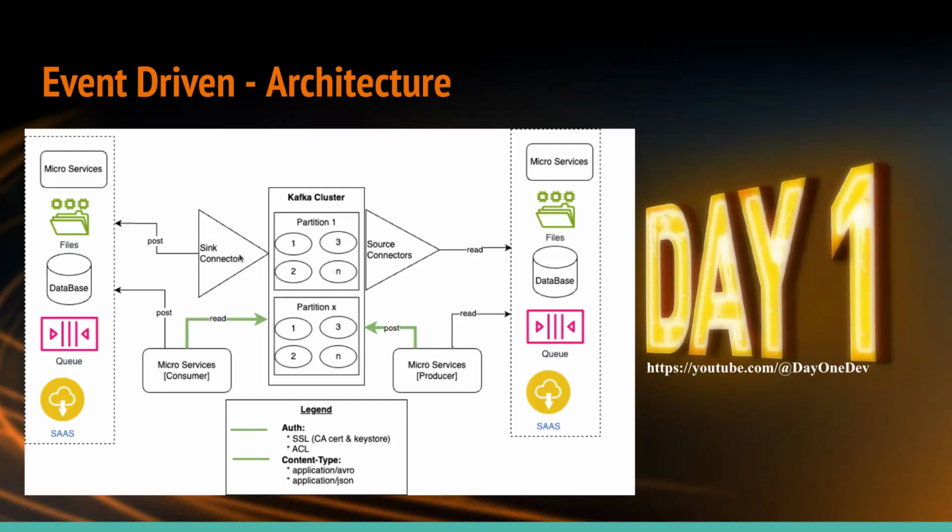So the source connector ingests entire databases, stream tables, updates into Kafka topics, right? The source connectors can also collect the metrics from all your application servers as well as streaming processes with low latency.